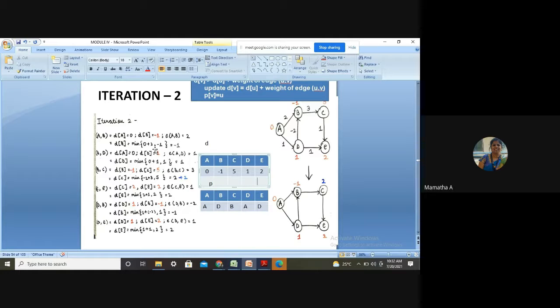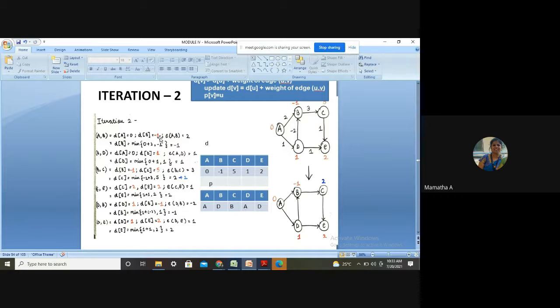What is the minimum value? 2 comma -1, what is the minimum? 2 is the minimum or -1? -1, ma'am. -1. Should I update DB here? Already it is the minimum. DB is already having -1.